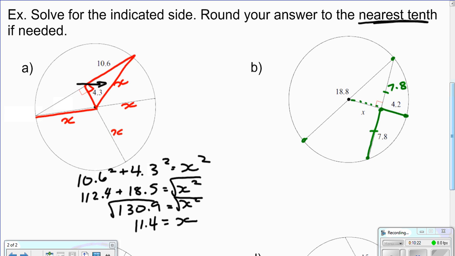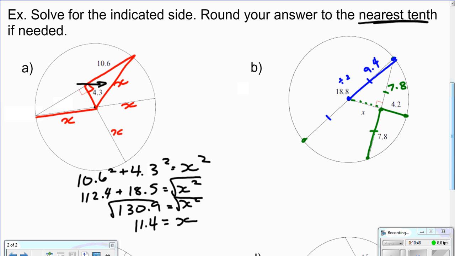So if we find the radius, then we should be able to find the missing piece for x, right? And so in order for us to find the radius, we're going to take 18.8 and we're going to divide it by 2. And so when we do that, we get each of these pieces.